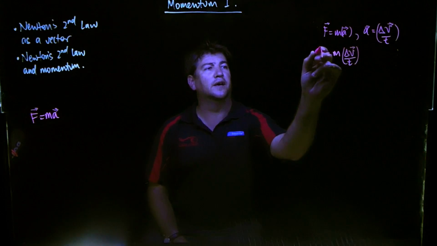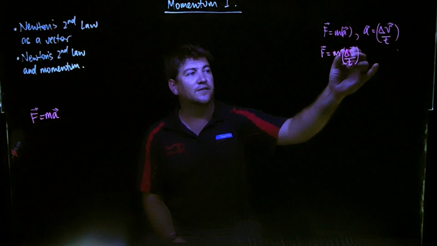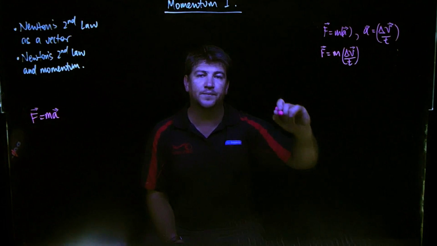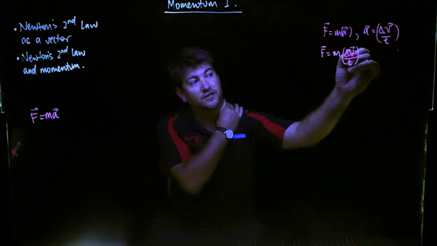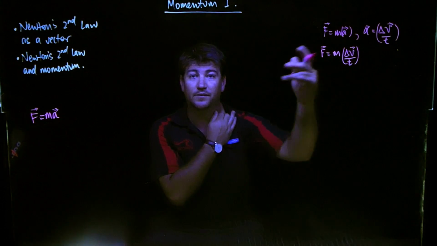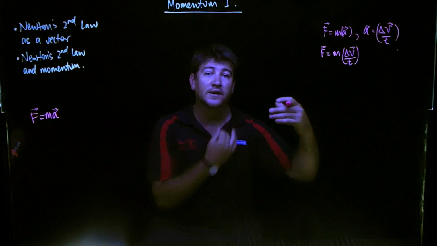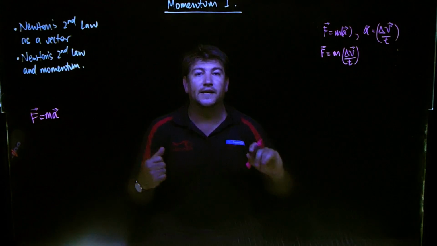So now the force on an object is equal to its mass times its change in velocity over time. So remember, in order to speed up or slow down, so change the velocity over time, you have to apply a force. Could be your right foot on the accelerator pedal, applying a force accelerating you forwards. Could be your right foot on the brake pedal, applying a force backwards, so slowing you down.